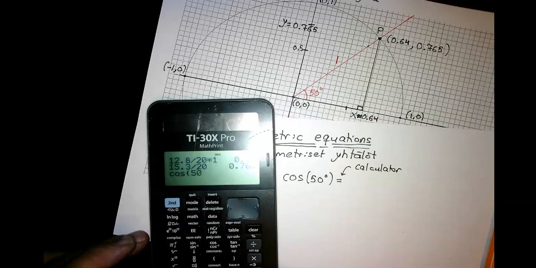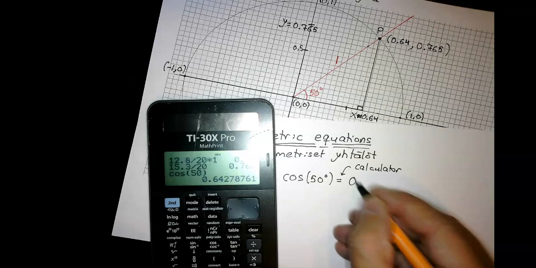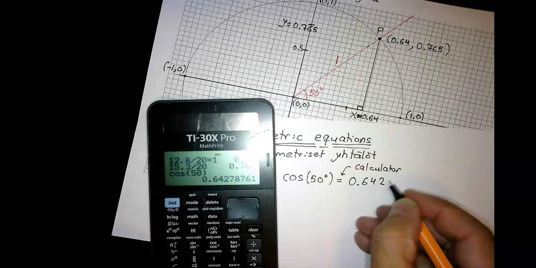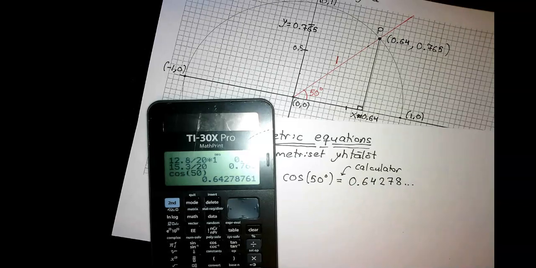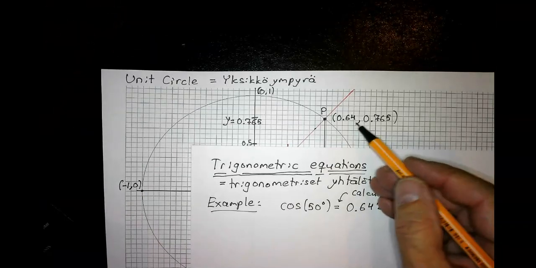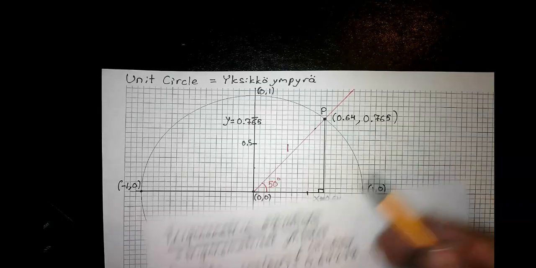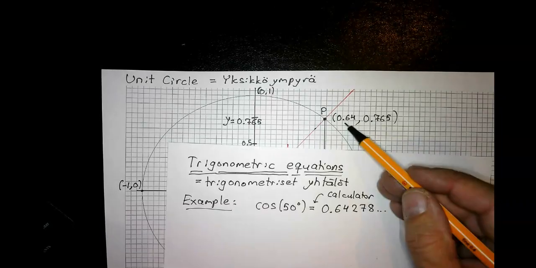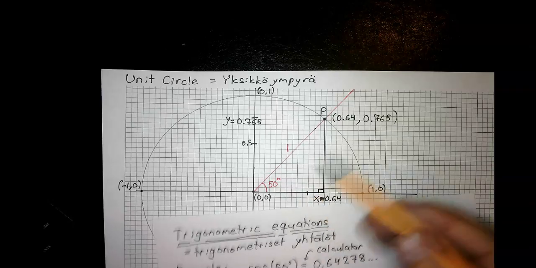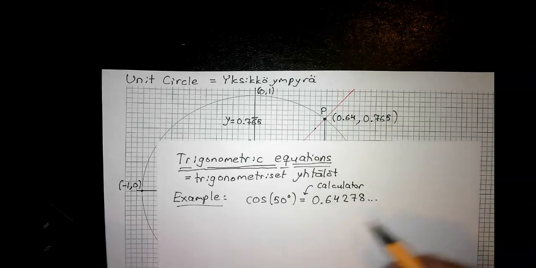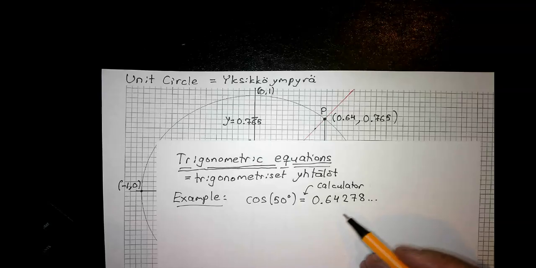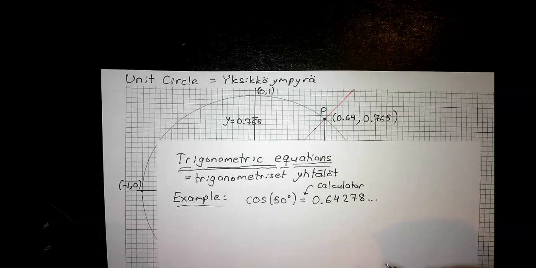Cos 50 gives me 0.64278, etc. So as you see from the picture, we could approximate that the value of cosine 50 is about 0.64, and as we checked from the calculator, that is a quite good approximation. We got that correct with 2 decimal places.